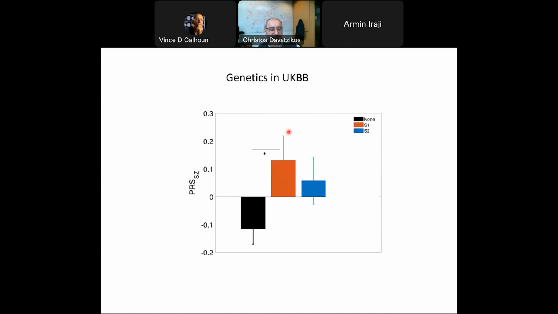We found that the people who expressed S1 had significantly higher polygenic risk score compared to the controls. And that indicates that these are people who have absolutely no clinical diagnosis, but if they're expressing this pattern that we have extracted from schizophrenia patients, they also have increased polygenic risk score, they have reduced cognition, and so forth.